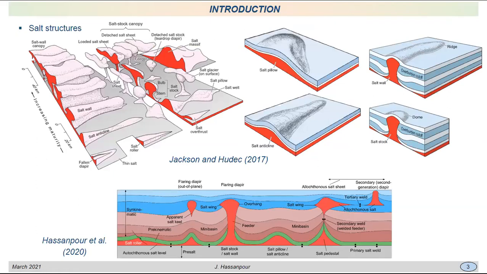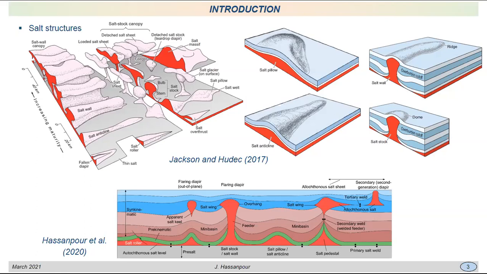So I'm not going into much detail about the concepts of salt tectonics, just for introduction: salt structures can be very complex in 3D, but most important salt structures in 3D or map view are elongate or equant in shape, and include salt walls, salt anticlines, salt pillows, and salt stocks, among others.